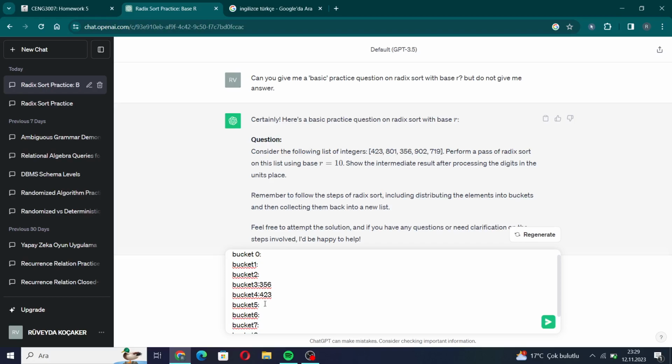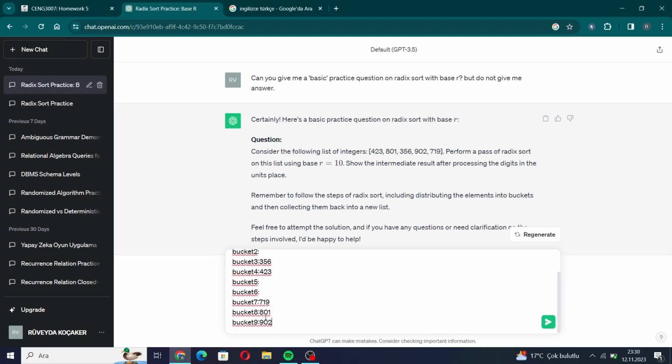Then 6, there is none. 7, there are 719. 8, there are 801. 9. Yes. 1, 2, 3, 4, 5.